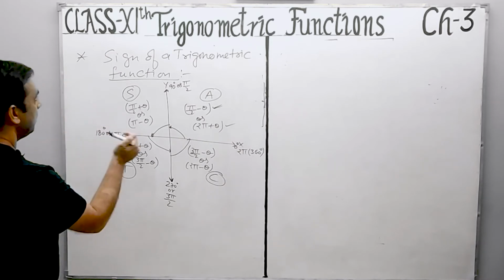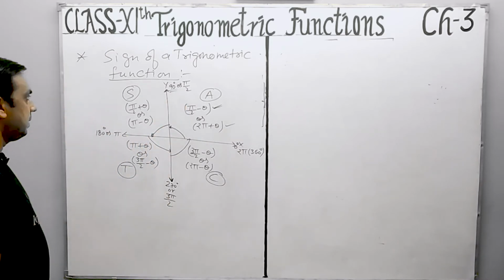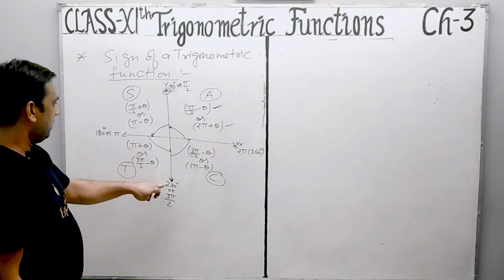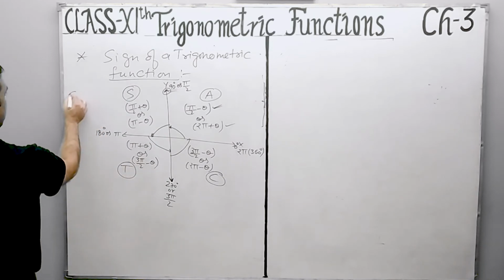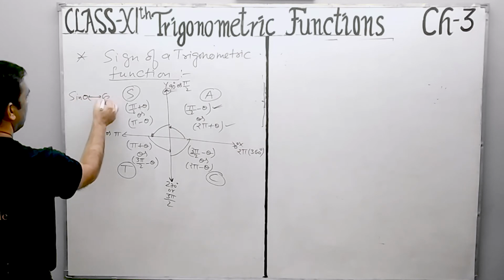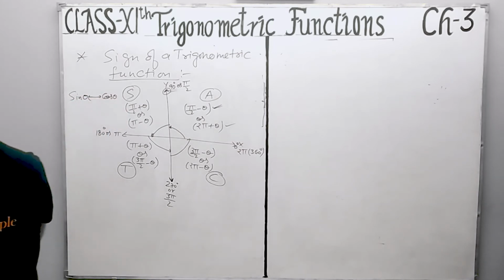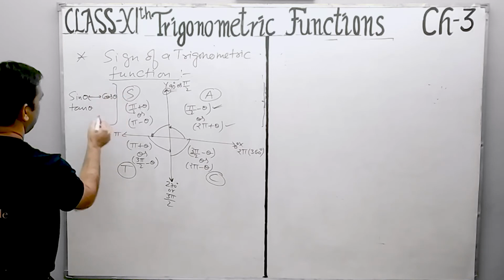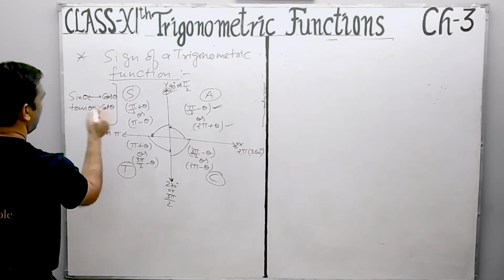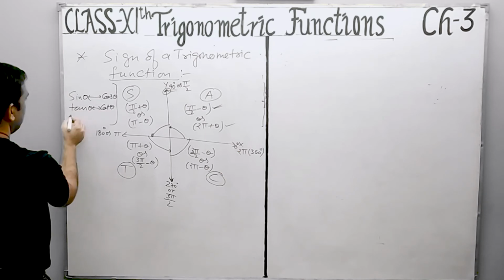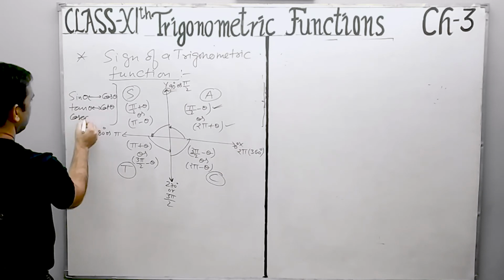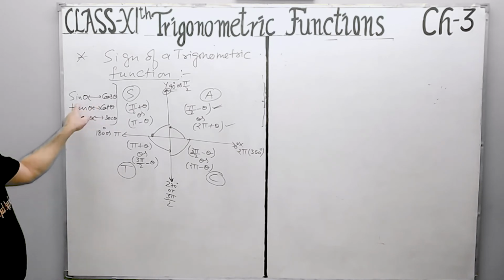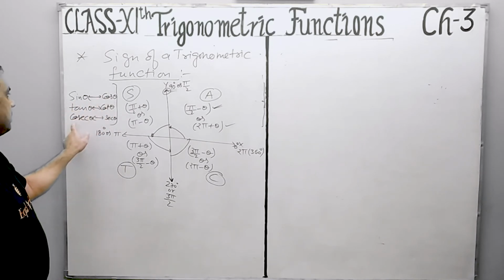We need to convert the trigonometric function when the angle is in terms of the y-axis, like 90 minus theta or 270 minus theta: sine theta into cos theta, tan theta into cot theta, and cosec theta into sec theta, or you can convert sine to cos and cos to sine, tan to cot and cosec to sec.